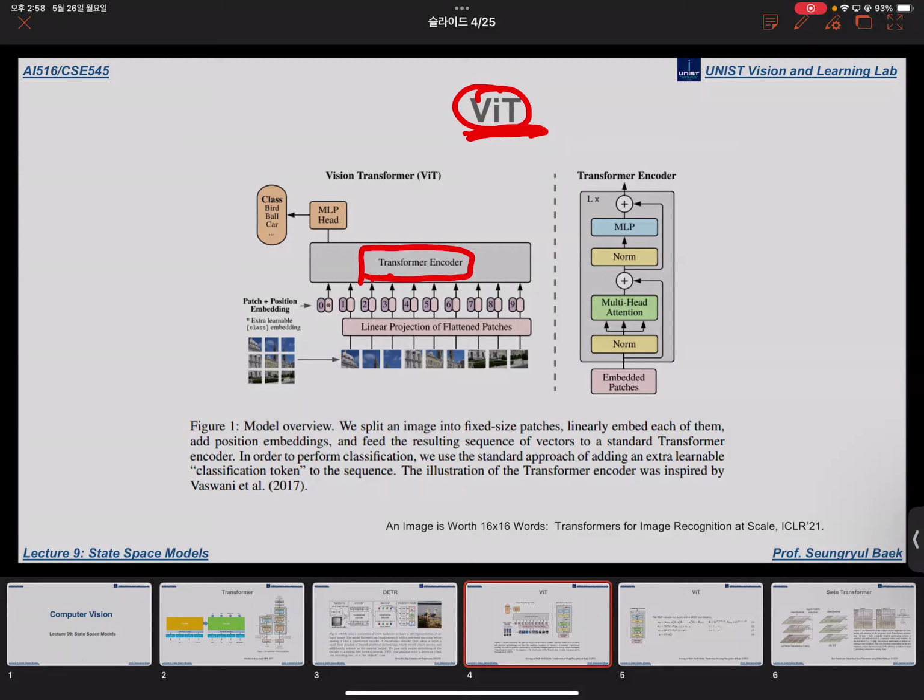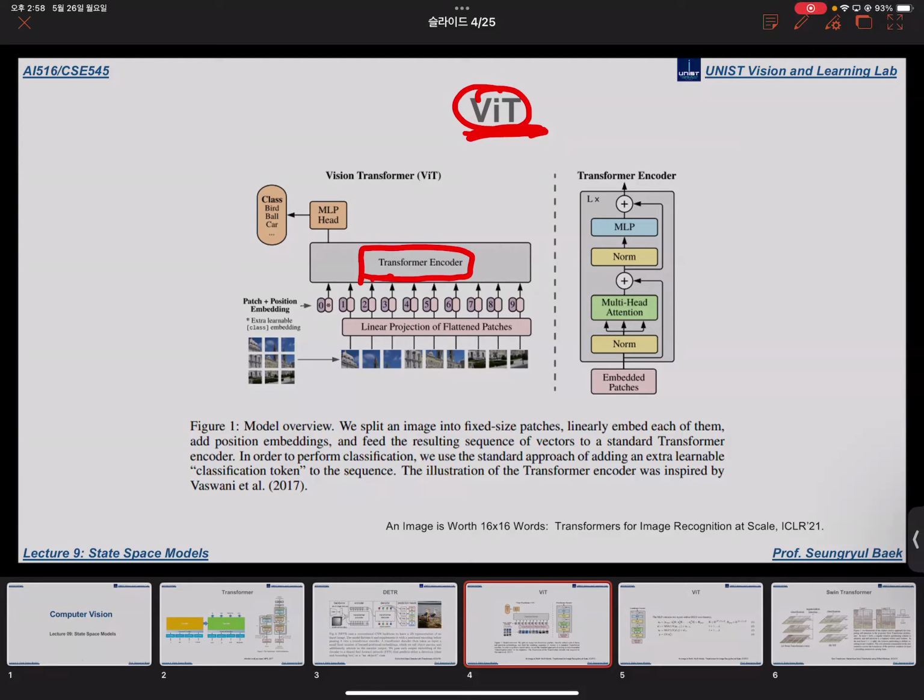And inside the transformer, if you magnify the transformer encoder, then it looks like this. Here we have the self-attention. This is the input: embedded patches with positional embedding applied to the patch features.